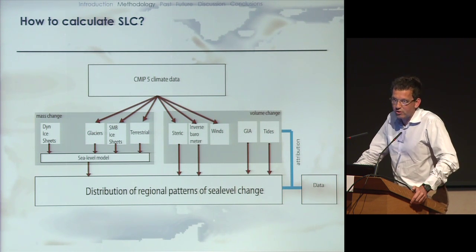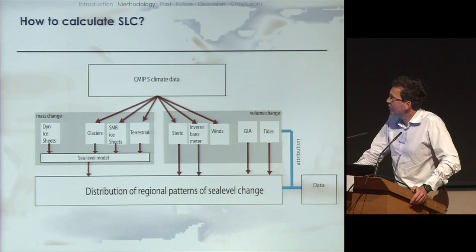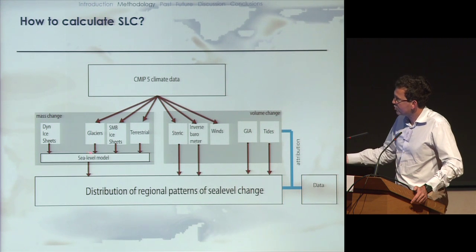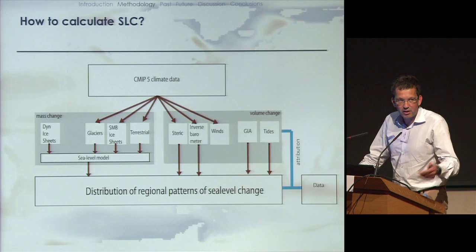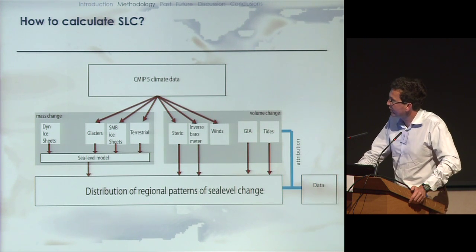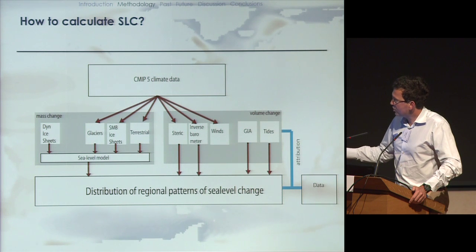So there is a lot to say for taking it independent of climate model results. And these components feed into the sea level equation model, like a model as Selene is, discussed by Giorgio this morning. And from that you get a regional pattern of the mass changes over the entire ocean.